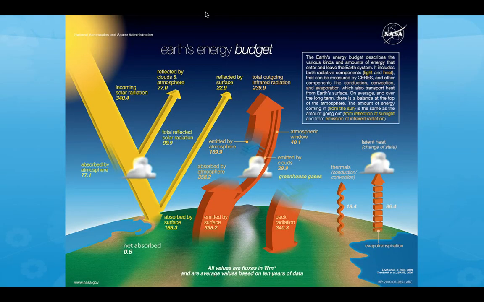So here we have a diagram of Earth's energy budget. The greenhouse effect is part of Earth's surface energy budget, and it begins with incoming radiation from the sun, mostly as visible light. We can see that in this picture. We can see this incoming solar radiation, and we can see that 77.1 watts per meter squared are absorbed by the atmosphere.